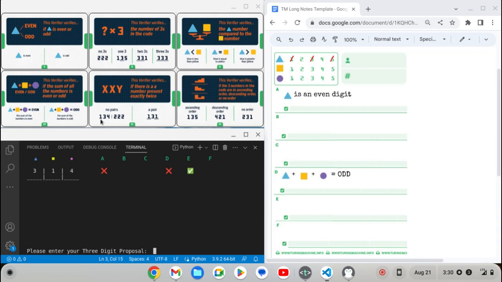So let's go ahead and type that up in our notes for section E. And we'll say that the solution has, we'll just say, no pairs.